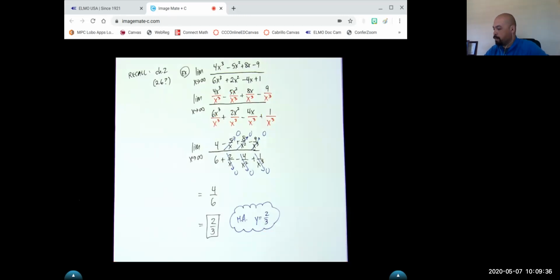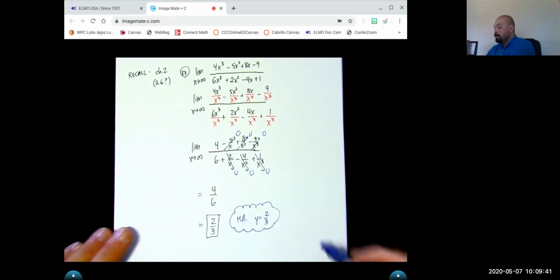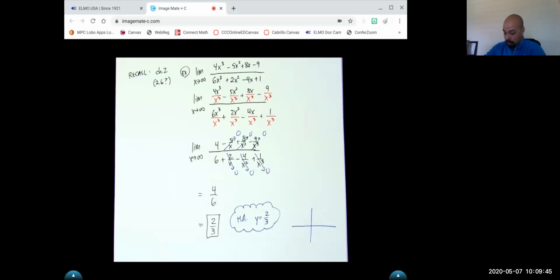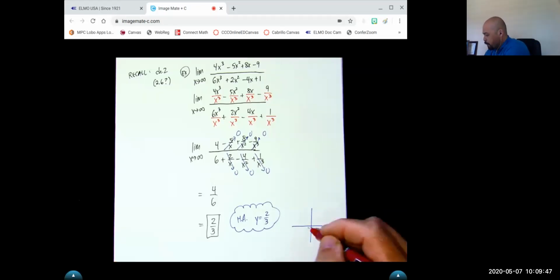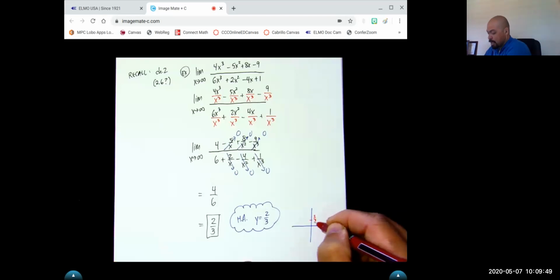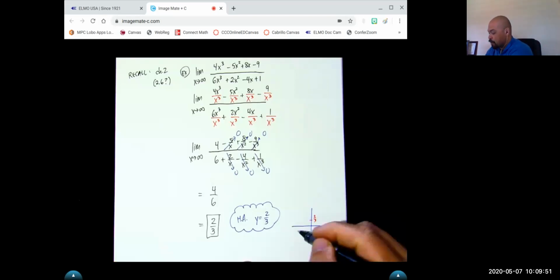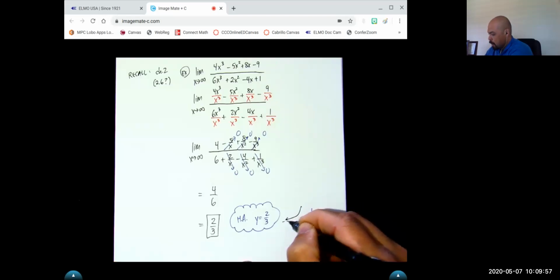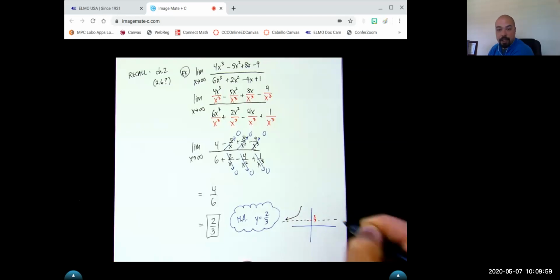And again, we can do it for x approaching negative infinity similarly. The idea is that whatever that graph is doing on those far ends, it would be getting closer and closer to that 2/3, right?